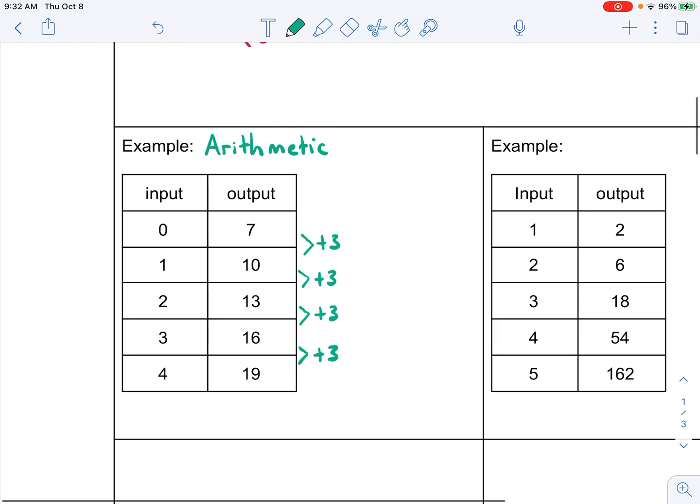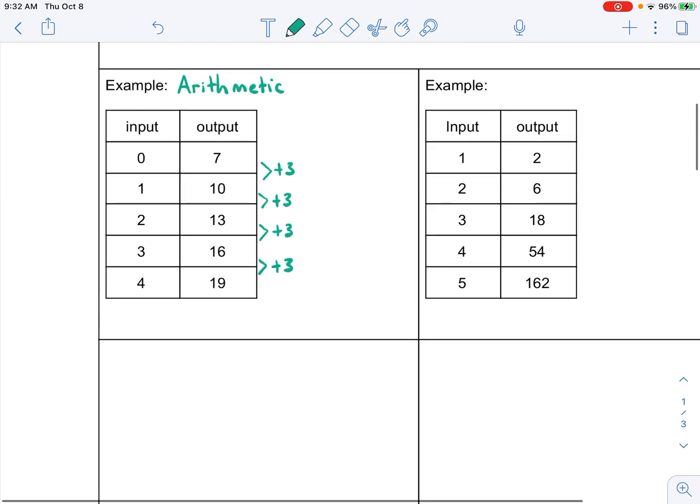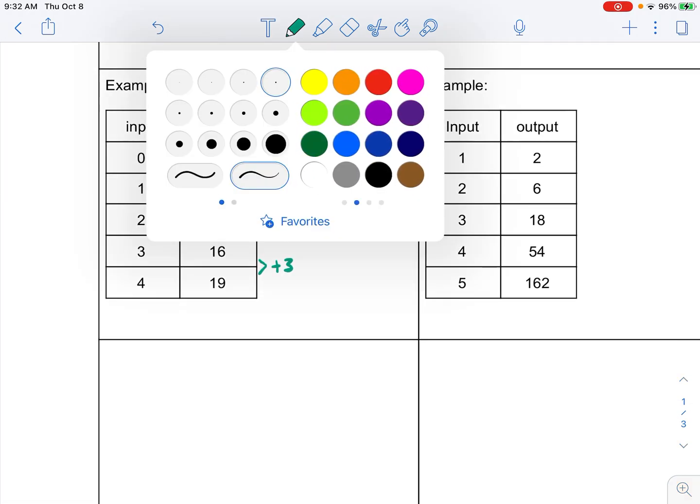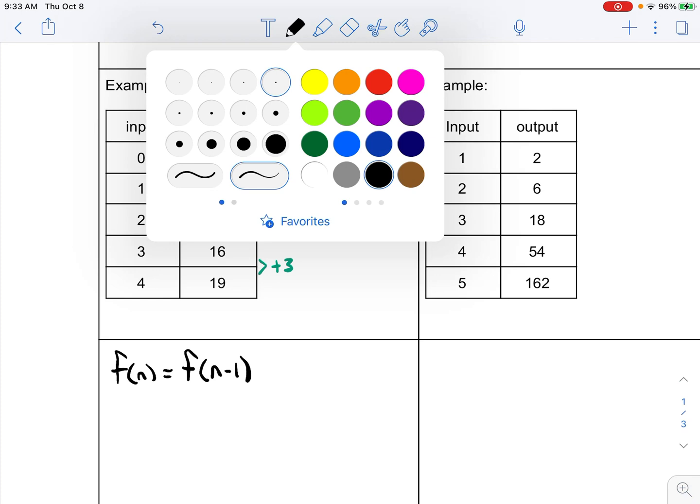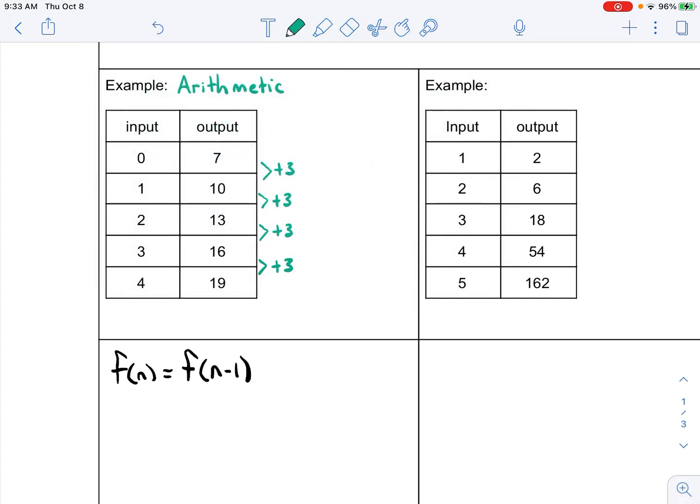We know it's arithmetic because it's repeated addition. So our recursive equation is going to be the current term we're looking for equals the previous term, or f of n minus 1, and then our action is plus 3.